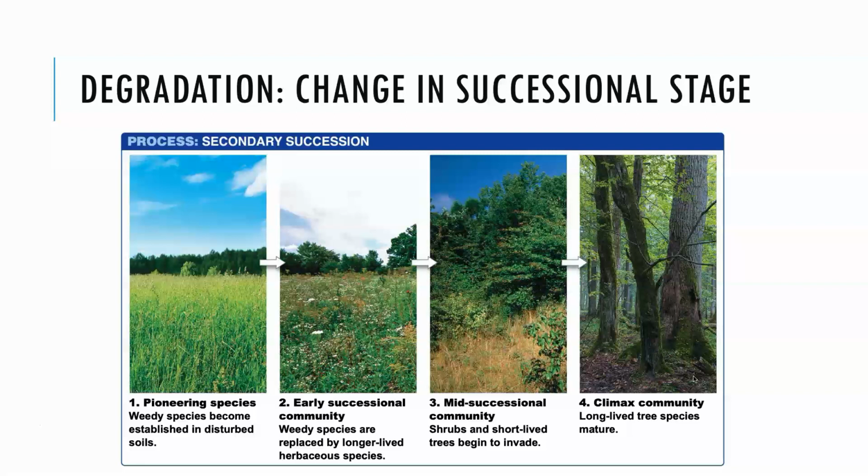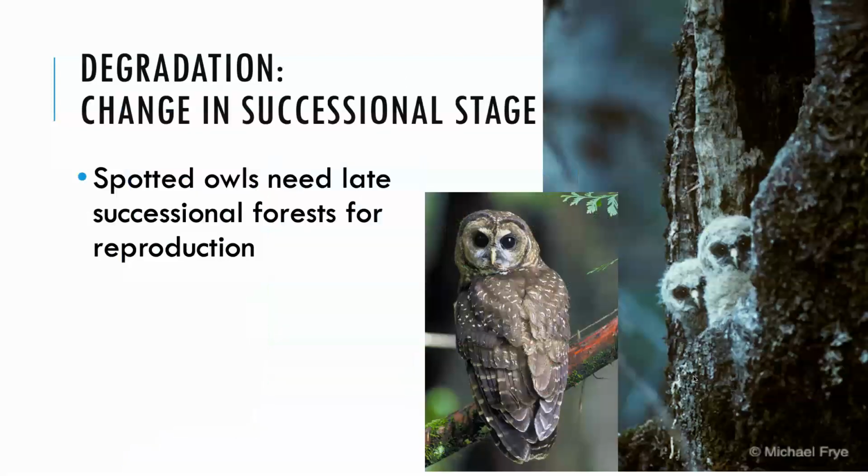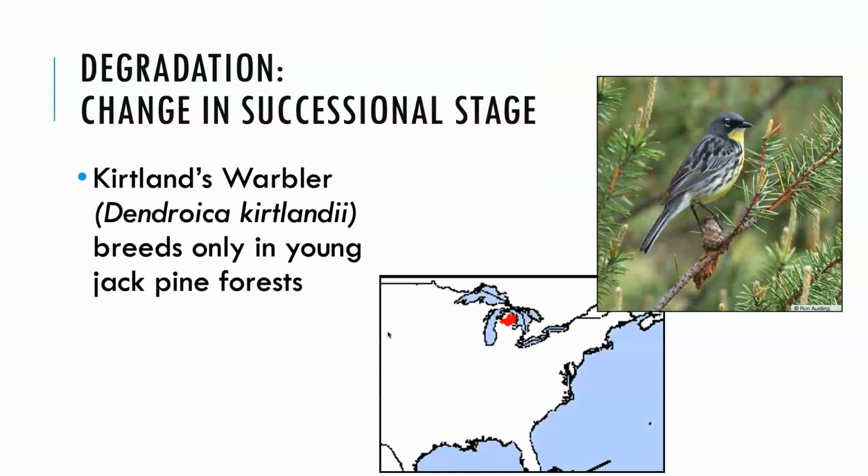Species have been specialized in a particular successional stage, and modifying the environment to change that successional stage makes the environment unusable for that organism. Spotted owls, for example, need late successional stage forests because they're more likely to have older trees with large cavities where they can lay their eggs and raise their babies. But other organisms, for example, the Kirtland's warbler, need young jack pine forests.